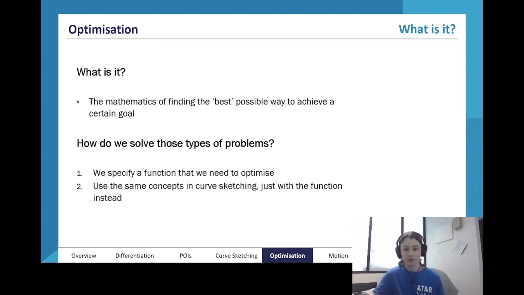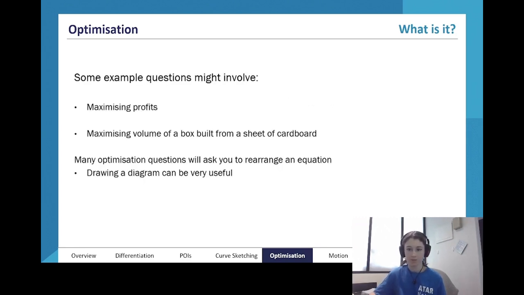So we are going to go over some examples of when you might be asked to optimize something, and then we're going to go over some actual examples of applying this. Some example questions might be maximizing profit, what I said before, maximizing volume of a box built from a sheet of cardboard. That's a pretty typical one.